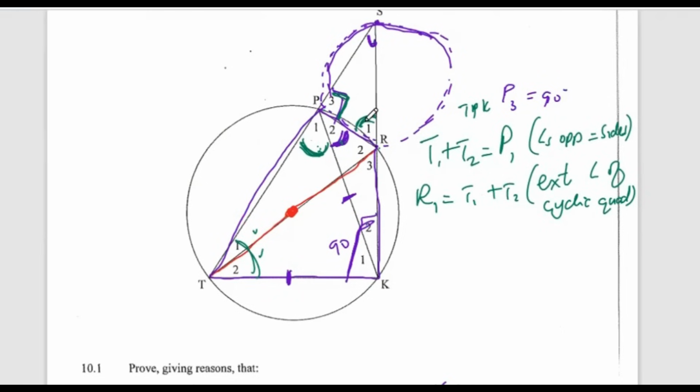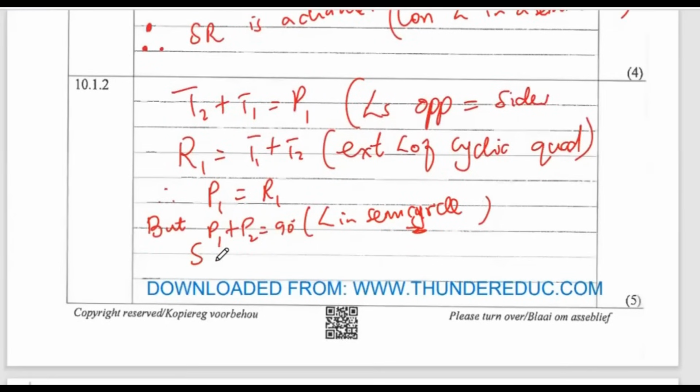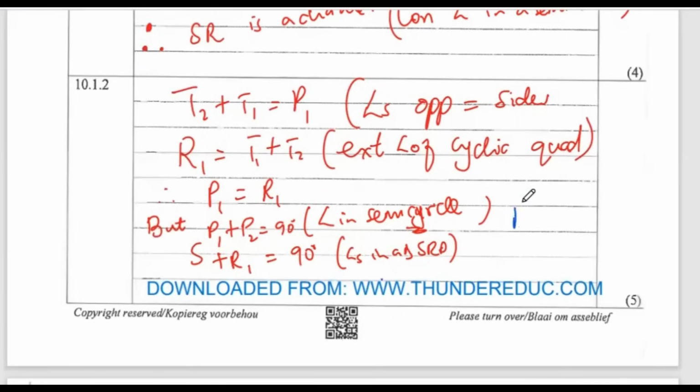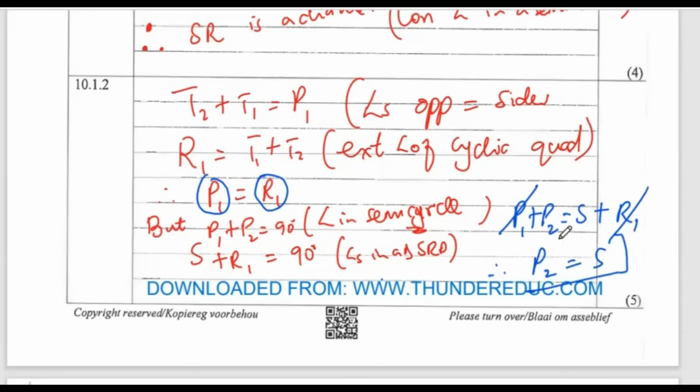If this is a 90, it means S plus R1 must also be 90, angles in triangle SRP. Then I can equate these two. I hope it makes sense, guys. P1 plus P2 is the same as S plus R1. But we said that P1 and R1 are the same. So this and this are the same, which means that P2 is the same as S.